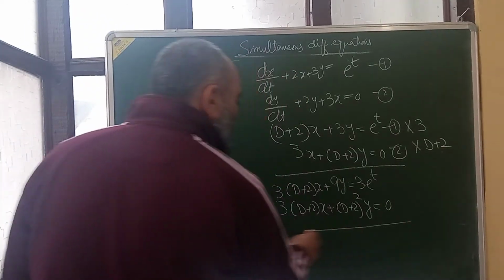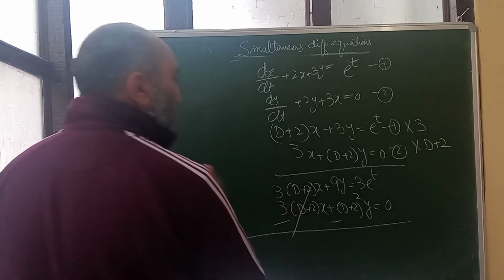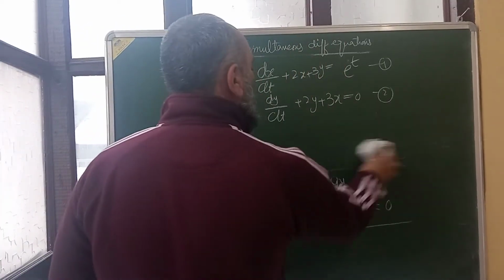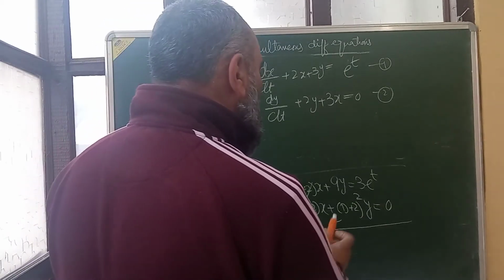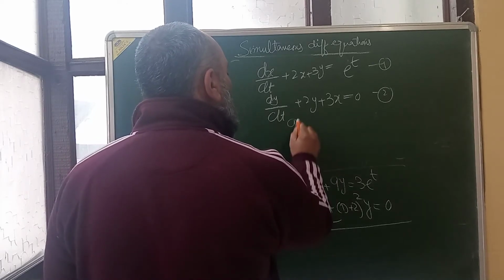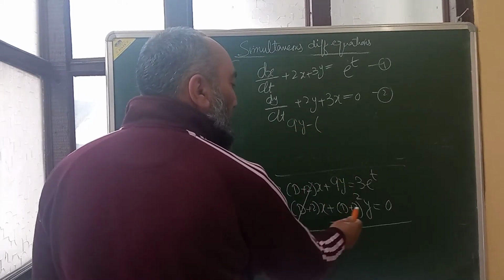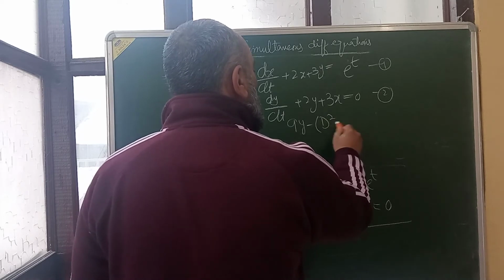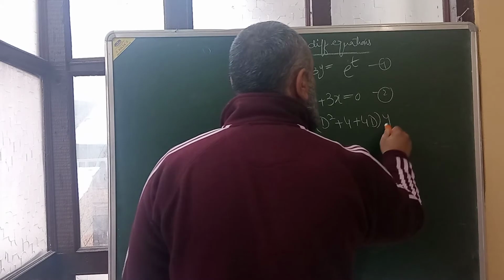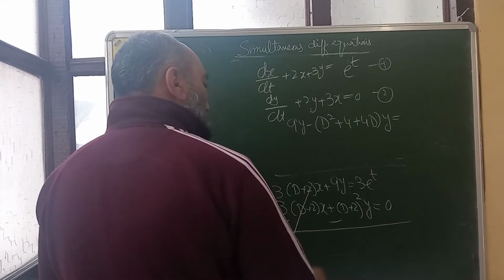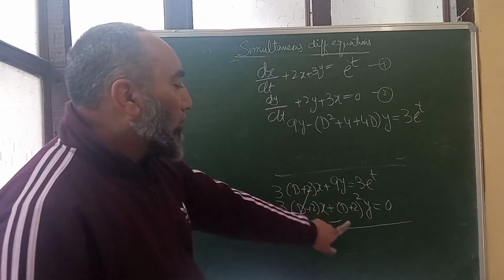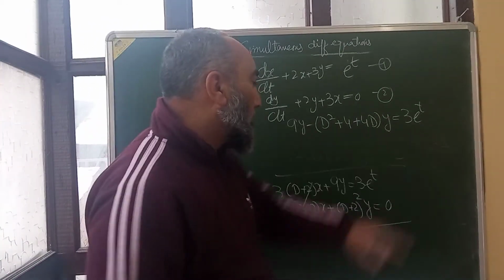Let me subtract the 2. This goes. What remains is 9y minus d plus 2 whole square, which is d square plus 4 plus 4d, on y equal to 3 e raised to the power t.